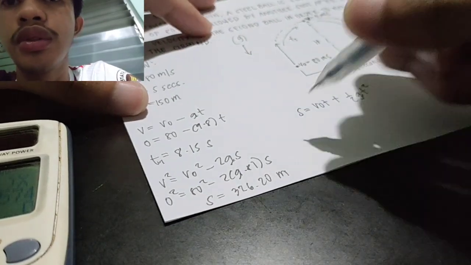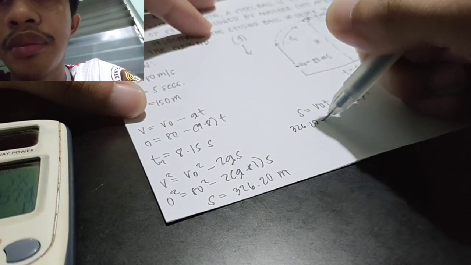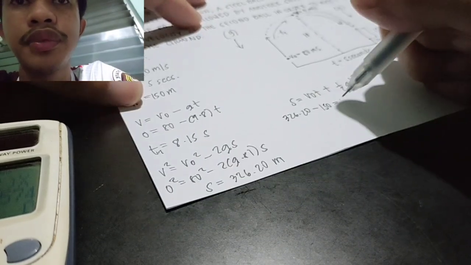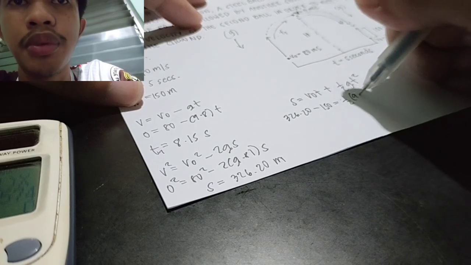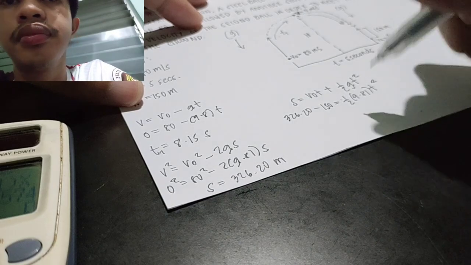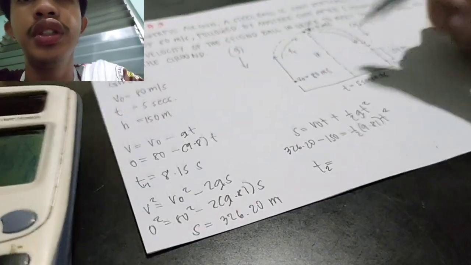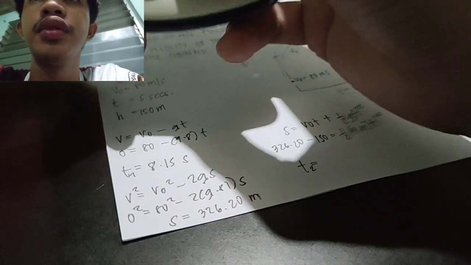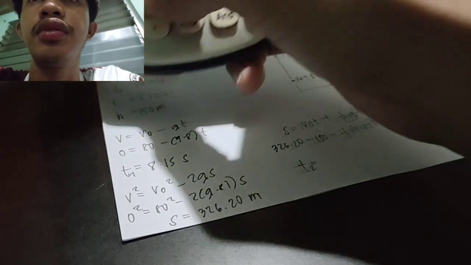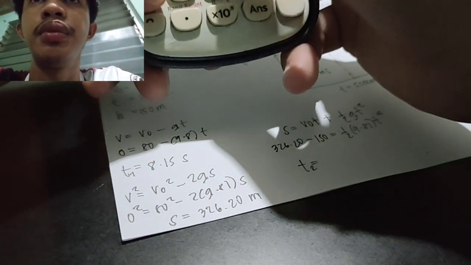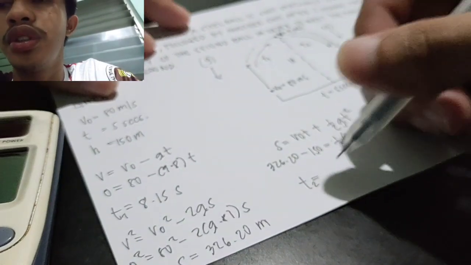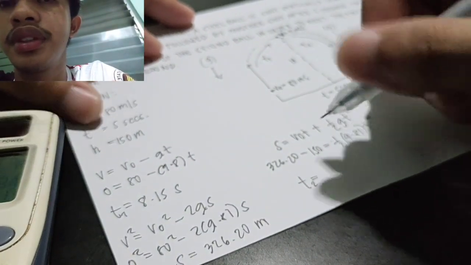So S equals 326.20 minus 150. VO is equal to 0, so it's okay not to write that. It equals 1/2 times 9.81 times T2 squared. So T2 is equal to 6 seconds.